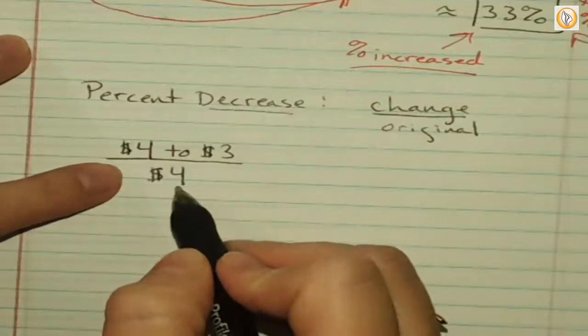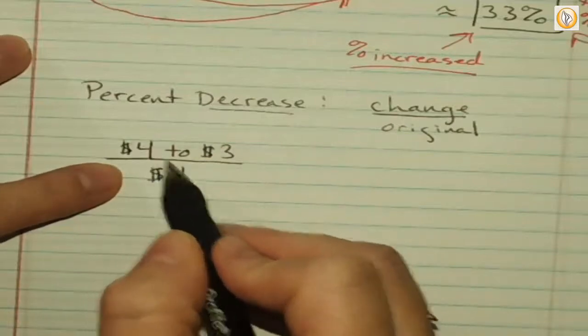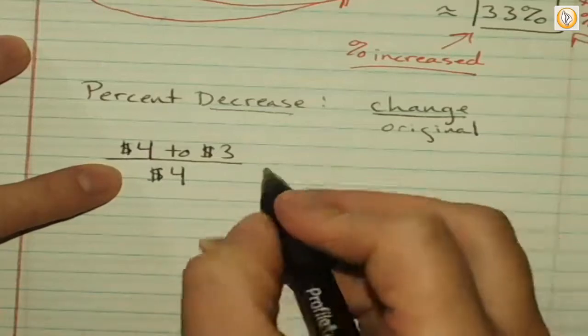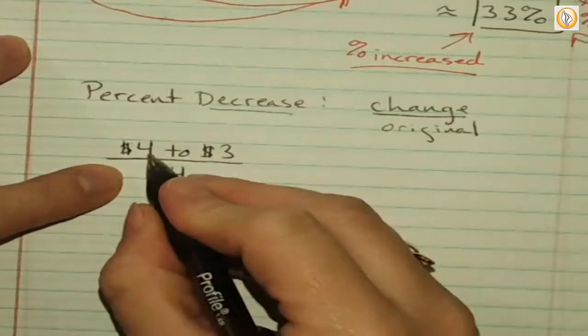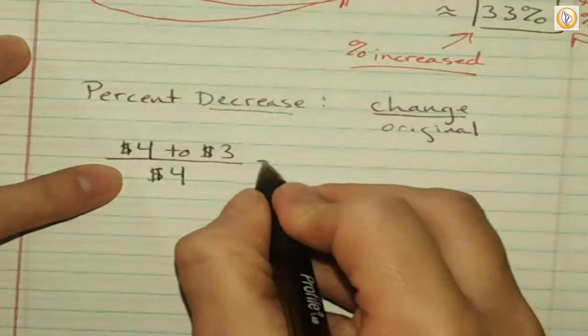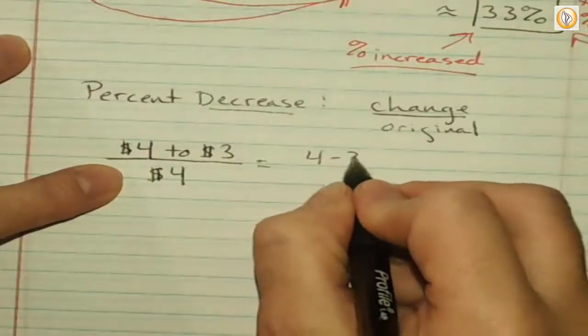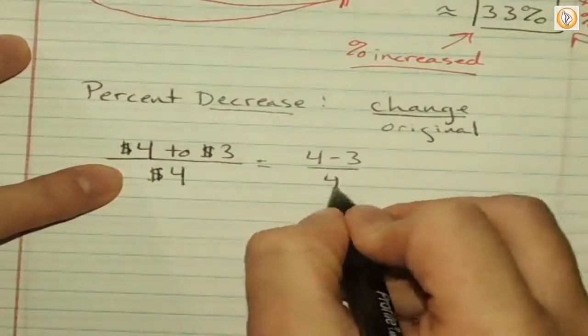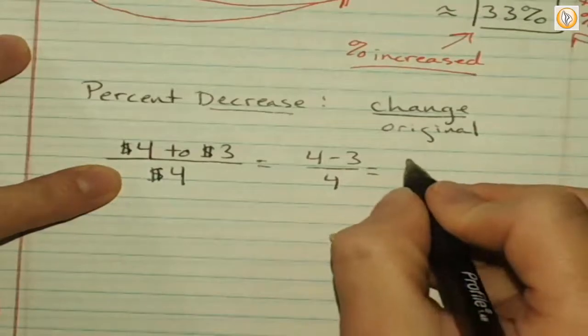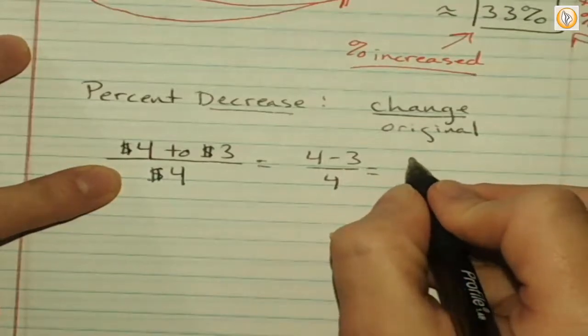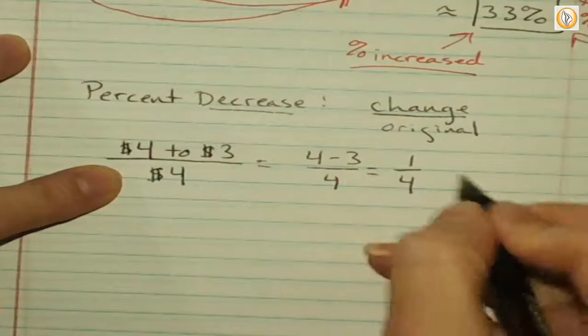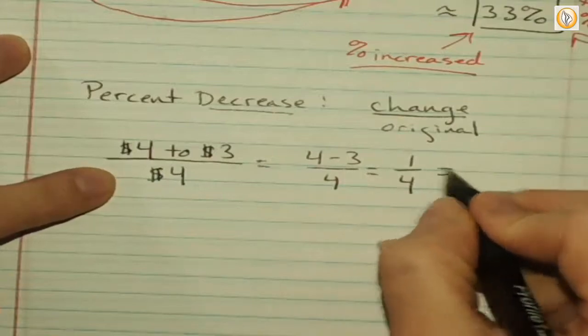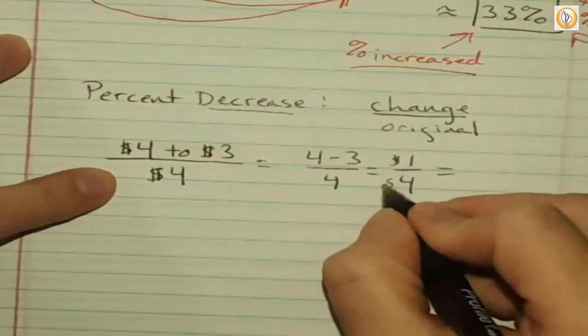The original is not 3 because we're starting at 4 and going down. So it's 4 minus 3, which is 1. So this time do 1 divided by 4.